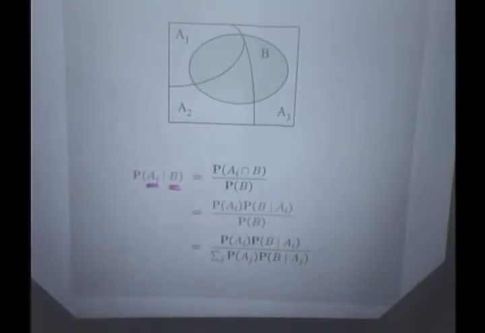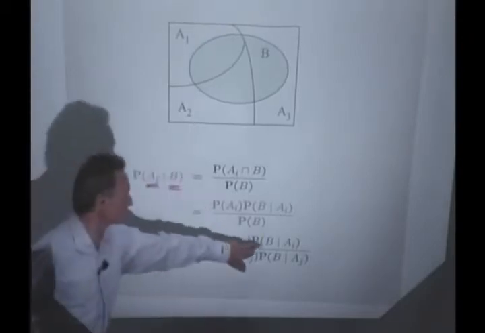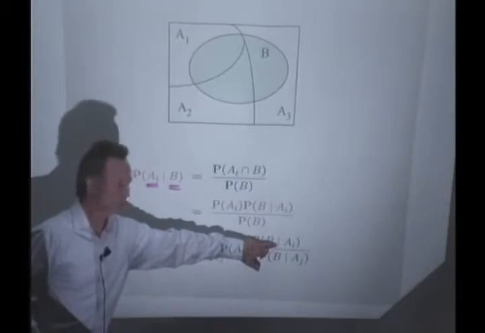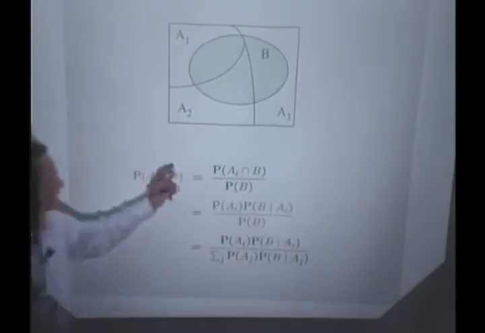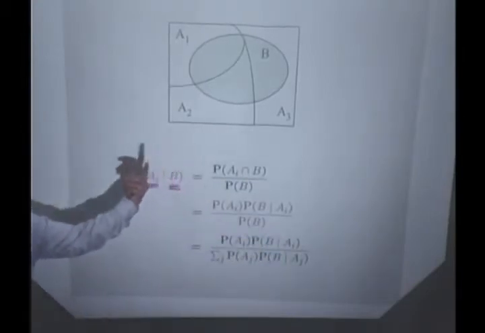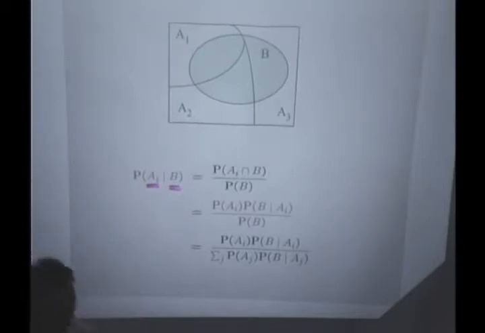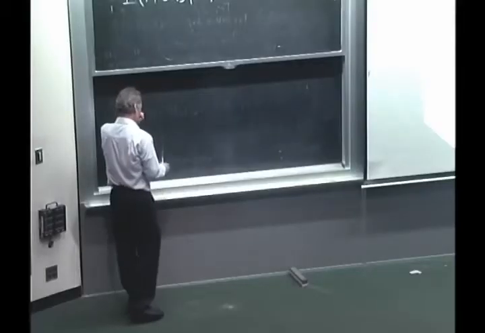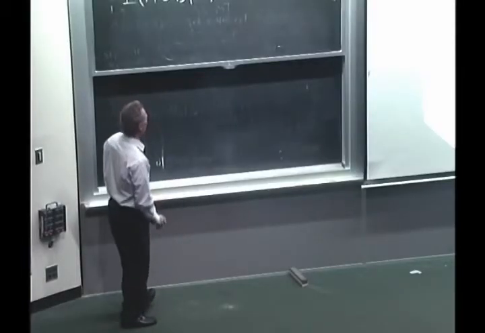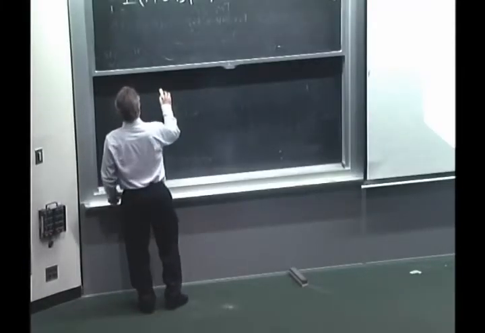So what this calculation does is basically it reverses the order of conditioning. We are given conditional probabilities of this kind, where it's B given A, and we produce new conditional probabilities where things go the other way. So schematically, what's happening here is that we have a model of cause and effect.